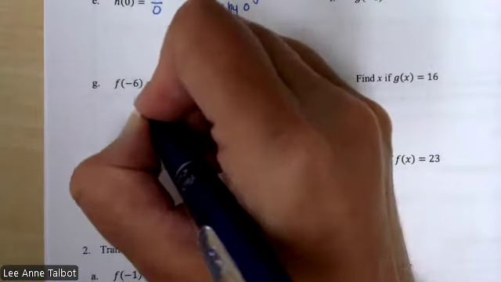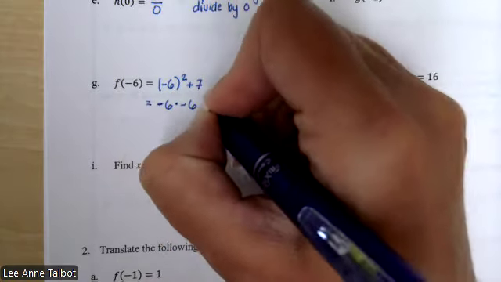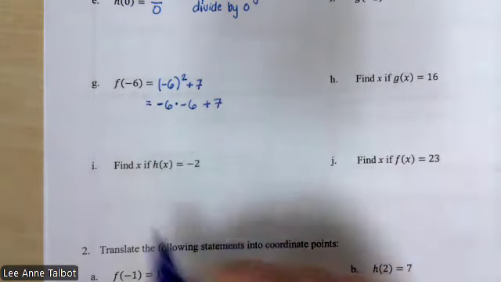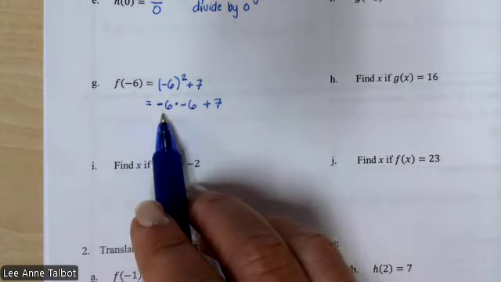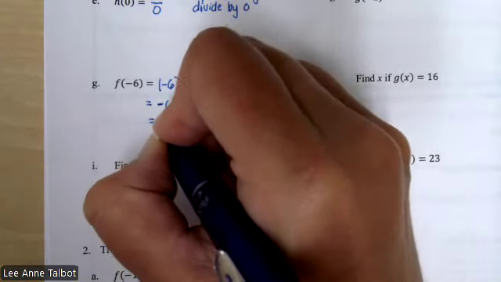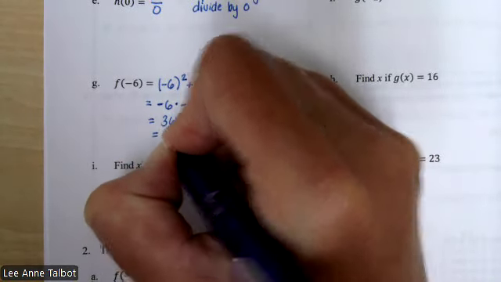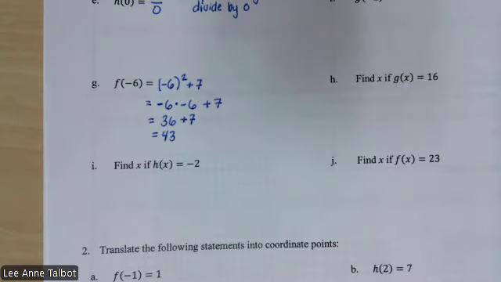Okay, and then remember that -6 times -6 is a positive. So -6 squared is -6 times -6. Which is positive 36 plus 7 is 43.